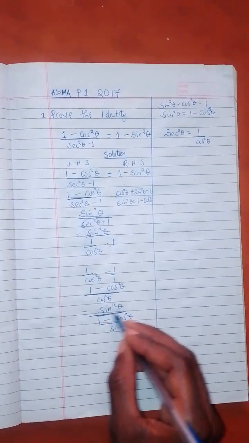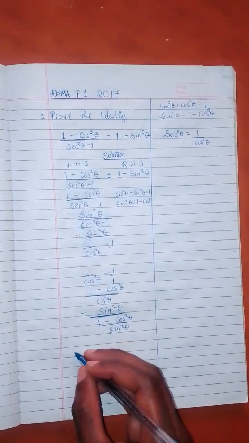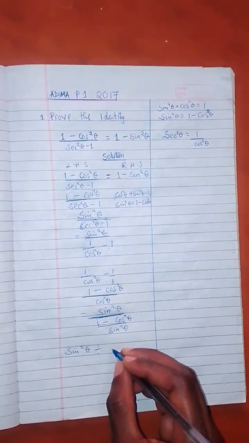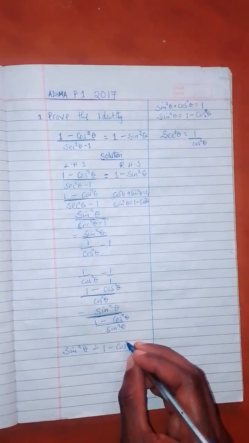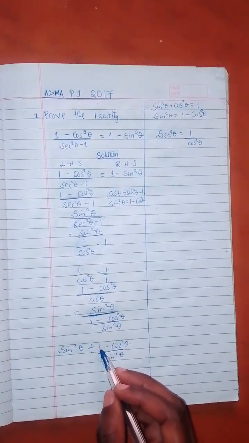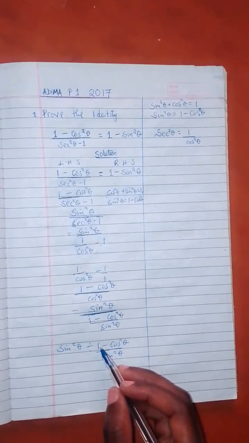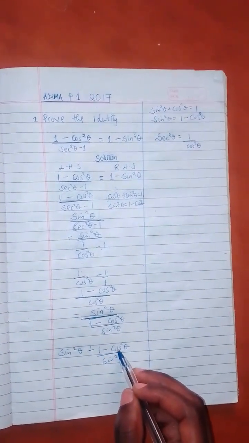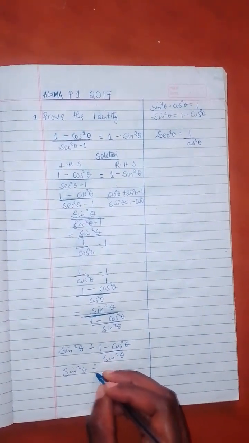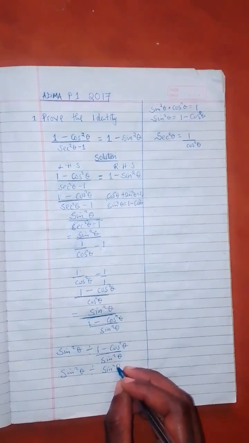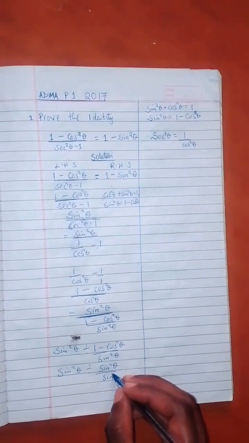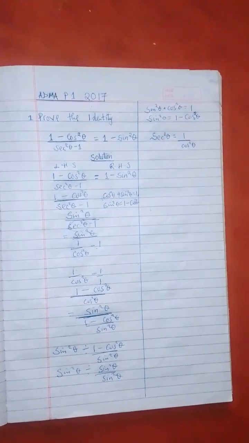Now this line here is the division line, so this can be written as sine squared theta divided by (1 minus cos squared theta over sine squared theta), where we know that 1 minus cos squared theta is the same as sine squared theta over sine squared theta, like this.